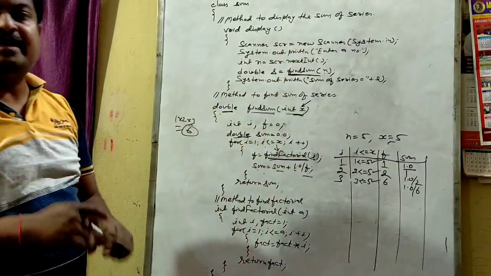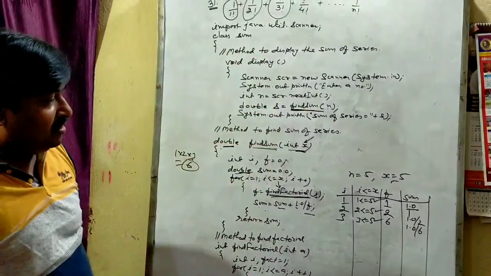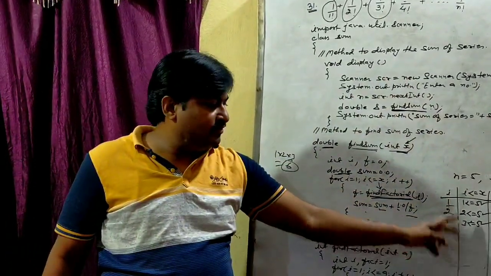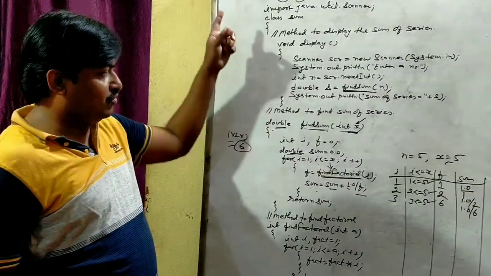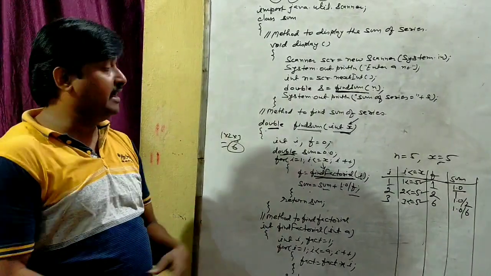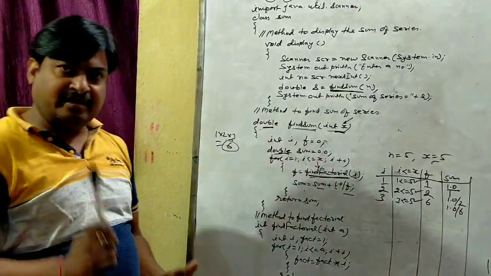This way this program will be solved. So students, go through the program and try to run it yourself. If you have a computer or laptop, write this program in BlueJ and run it. This program will give you a perfect result. Okay. Thank you.